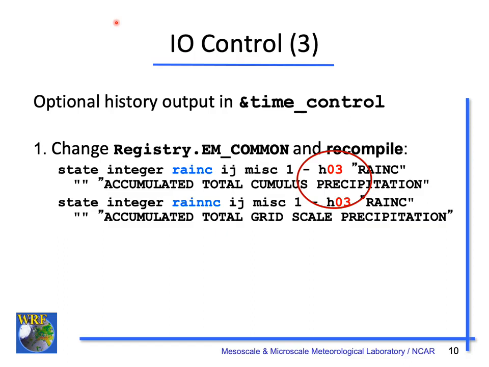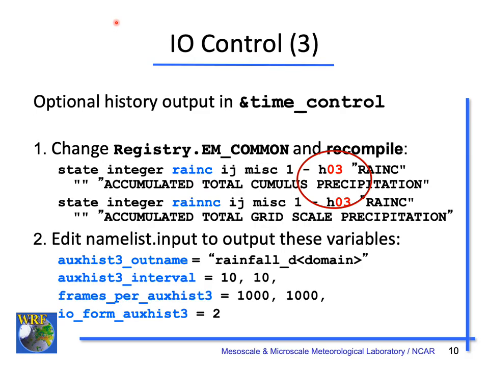We then need to add some options in the namelist file to define the output file name, output frequency, how we want the files to be split, as well as the file format. Here, because we made changes in the registry file, we need to recompile the model starting with the clean -a option. Then we can run the model and obtain these fields in a different output stream.